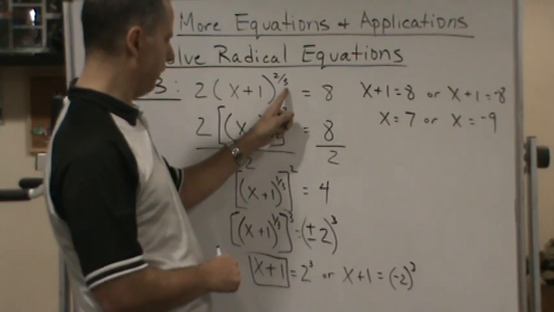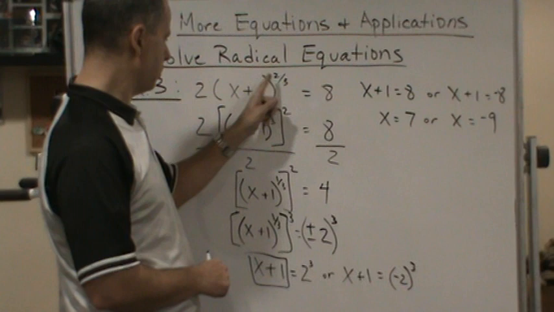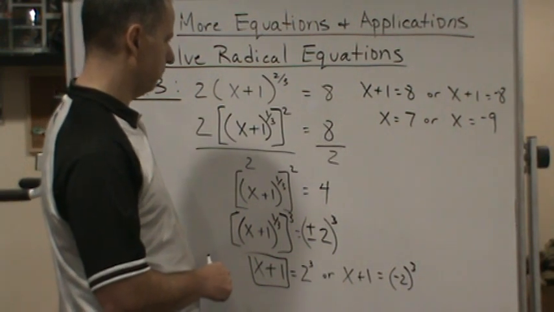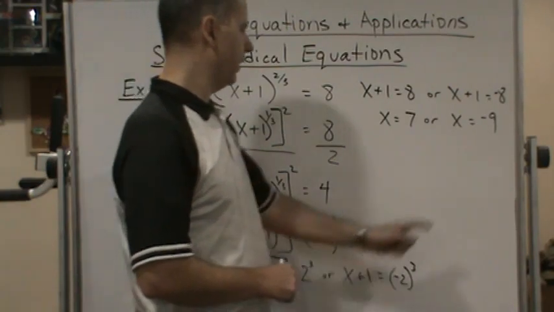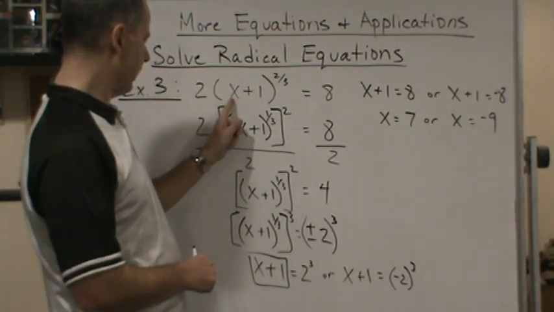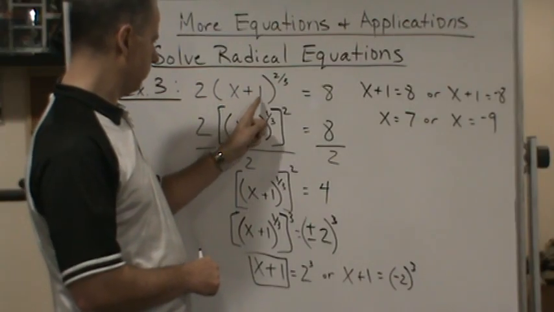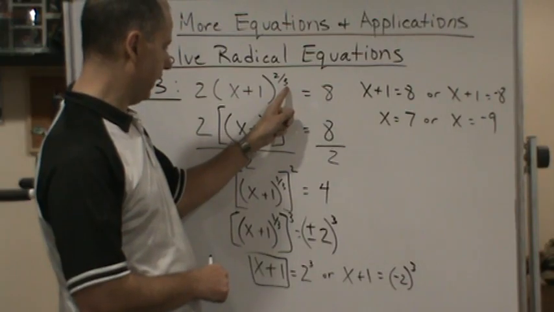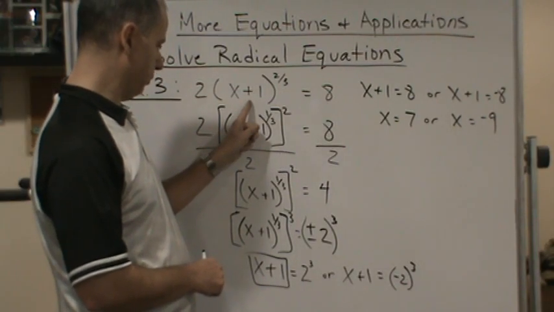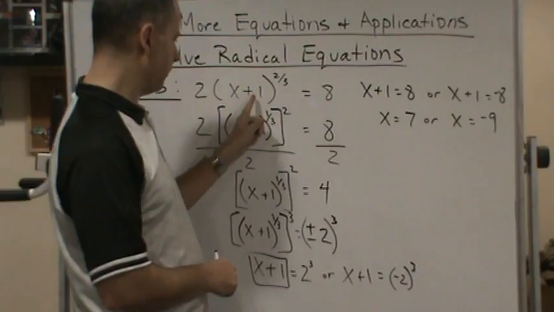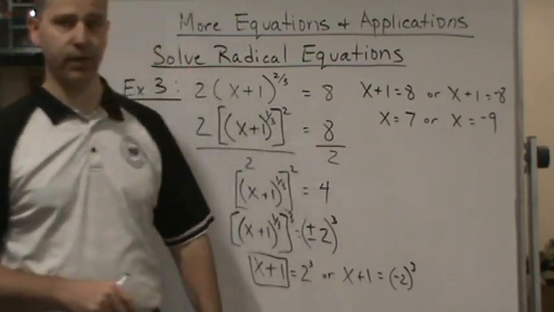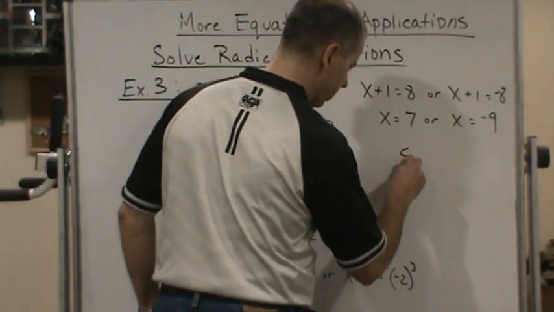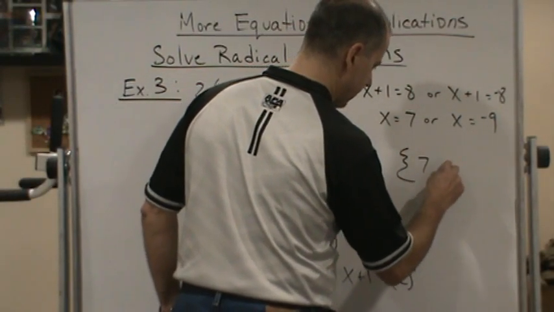The cube root of 8 is 2, and then 2 squared is 4, and then 4 times 2 is 8, which gives us 8. All right, good. So let's do negative 9. Negative 9 plus 1 is negative 8. The cube root of negative 8 is negative 2. Negative 2 squared is 4. 4 times 2 is 8. All right, so they both work out. So our solution set would be 7, negative 9.